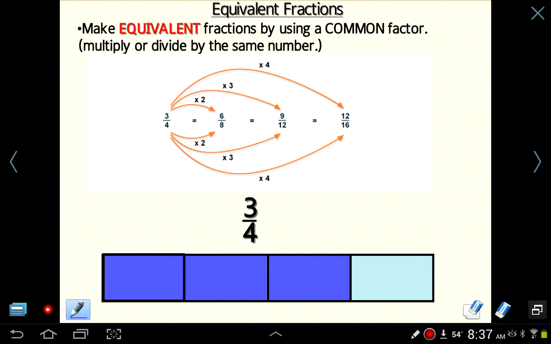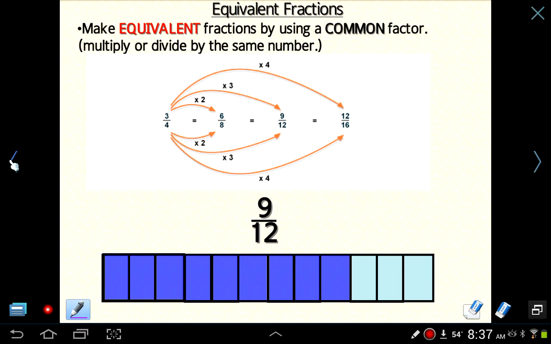Now let's say we take 3/4 this time and multiply by 3. What's important about equivalent fractions is that you multiply the top and the bottom number, the numerator and denominator, by the same number. So when you multiply 3 and 4 by 3, you get 9/12. Now, going back and forth, you'll notice 9/12 and 3/4 are exactly the same thing.